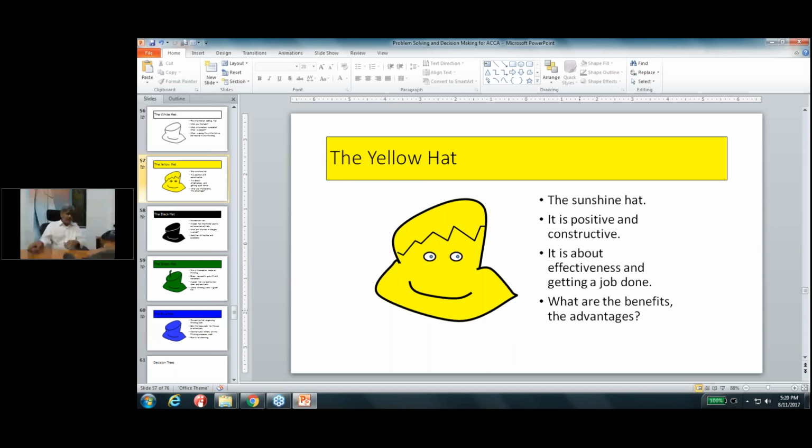So this is what the yellow hat is about. It is positive and constructive. It is about effectiveness and getting the job done. What are the benefits and the advantages? Whenever you have that hat on, you will always be looking at the benefits and advantages of implementing that decision or going for that decision.